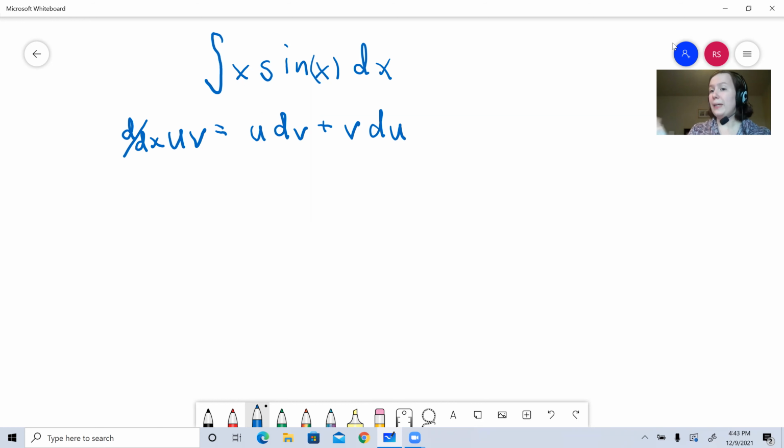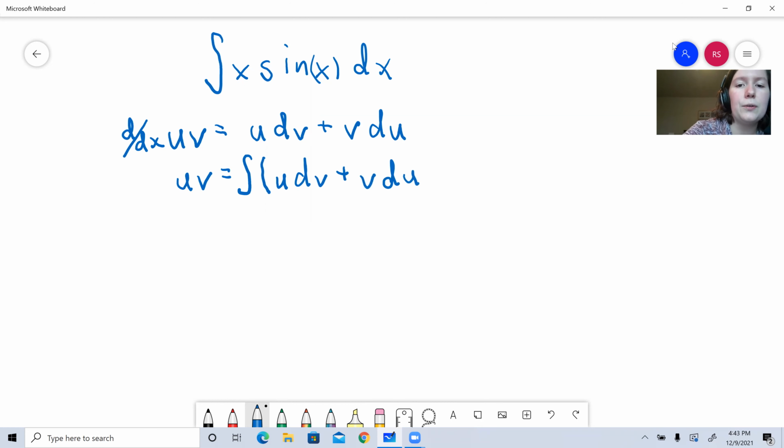Now, if we were to integrate both sides of this equation, we'd have uv, because the integral of a derivative is just the function, equals the integral of u dv plus v du, which we know we can simplify to be the integral of u dv plus the integral of v du.